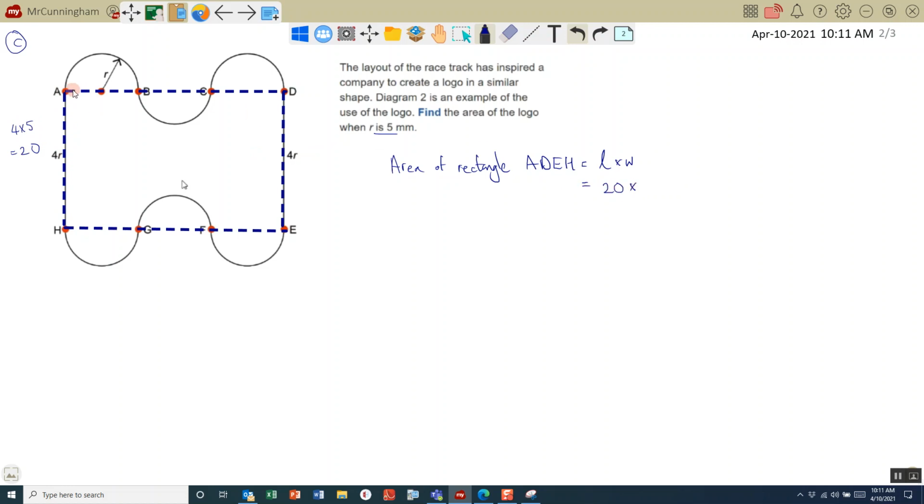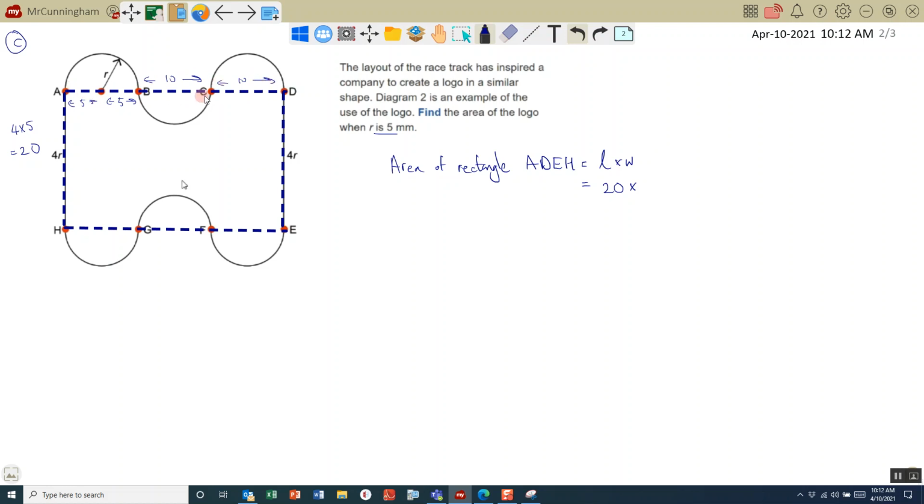Now, the length of this rectangle, so we're told that the radius is 5, so this part is 5, this is 5. Same with this. This is all going to be 5 and 5, so this is all 10. And the distance from here to here is also 10.